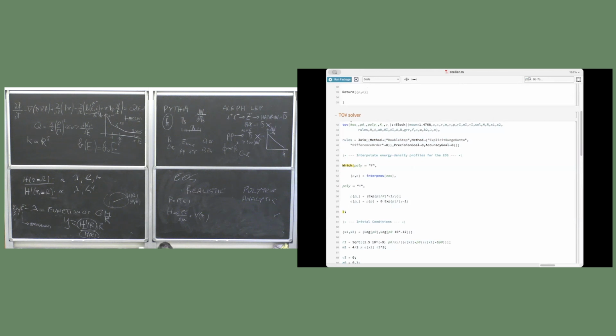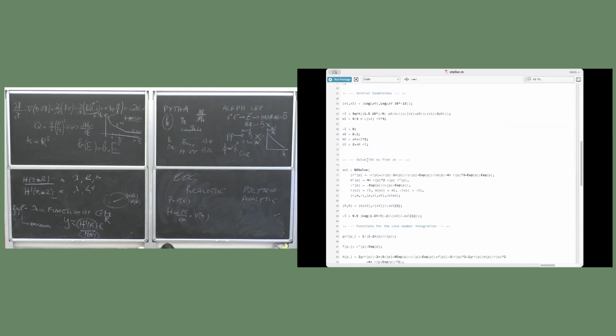It takes as input the equation of state, the initial pressure of the star, and some other arguments. This poly is a flag: if you set it to false, it takes as input a realistic equation of state. If it is true, it takes as input a polytropic equation of state, and then you need to specify the polytropic index k and the polytropic exponent gamma. But okay, let's work with the realistic equation of state.